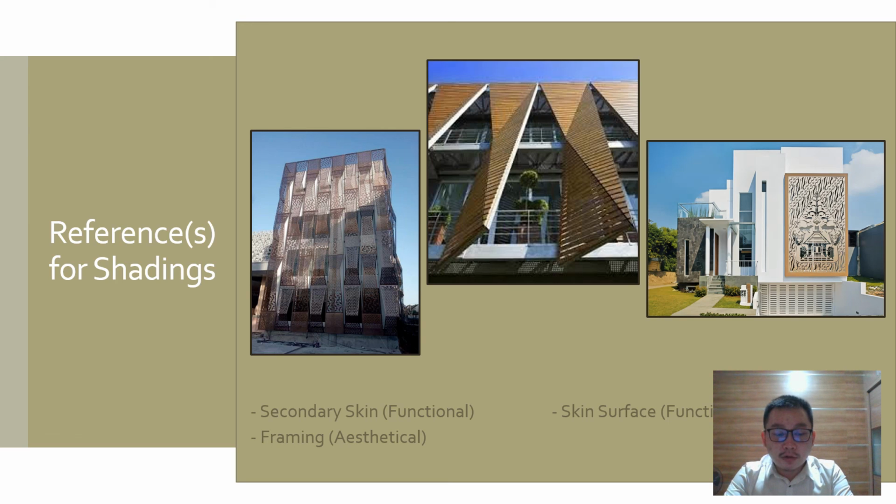To fix that, to encounter that problem, we will put some cultural motifs on the shading plate or board, not only for blocking the sunlight, but also to give some aesthetical values and some representation to the culture living in this city or island. These images are just for references for shaping the shading motifs.